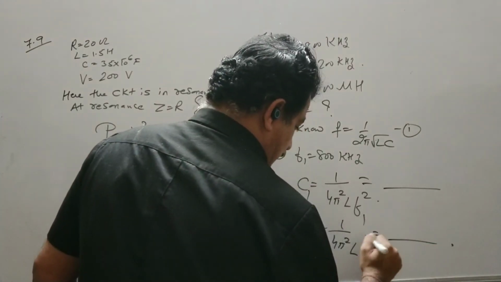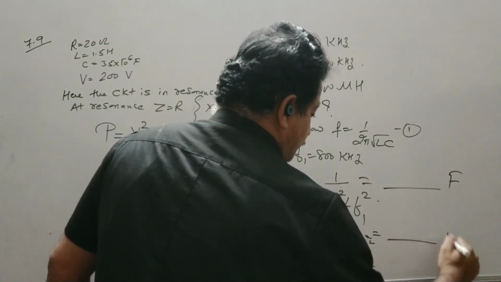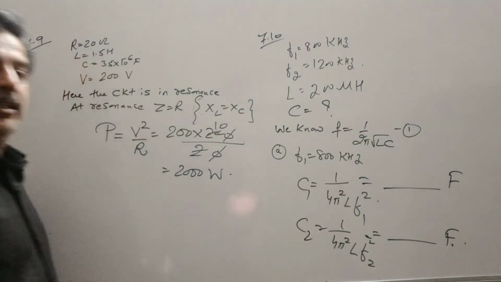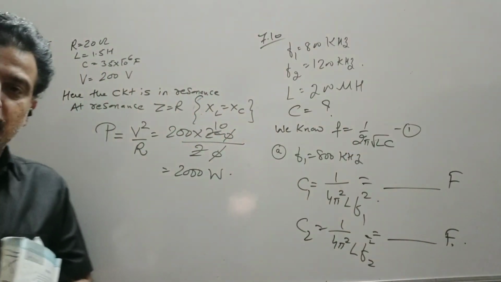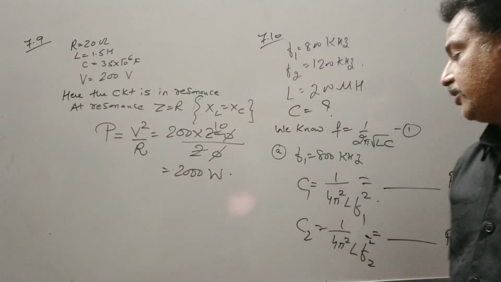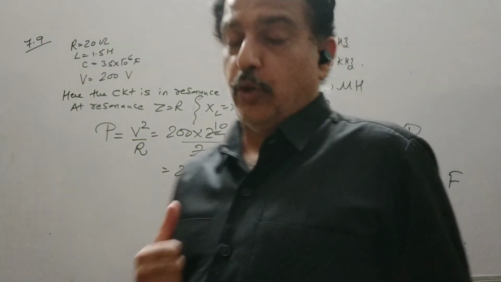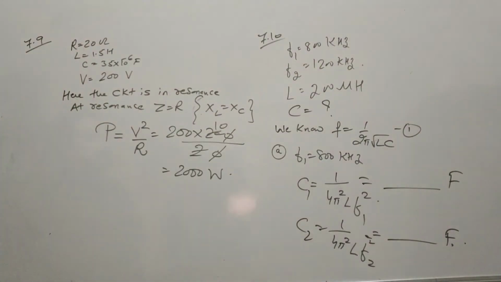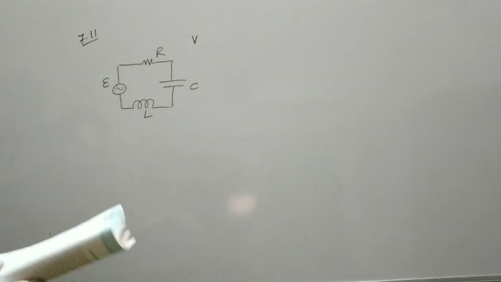You substitute these values, and this will be the variable capacitor. So the range of the capacitor which will be connected in the circuit should have a value between these two values, that is C1 and C2. So variable capacitance is used for the tuning of the LC circuit. Now let us see example 11.